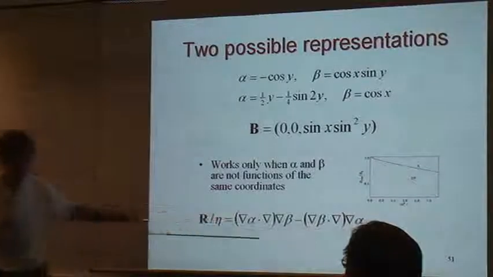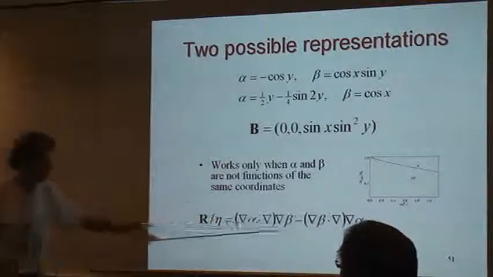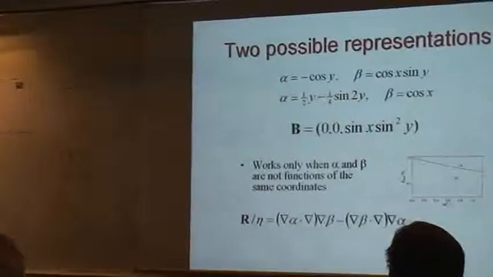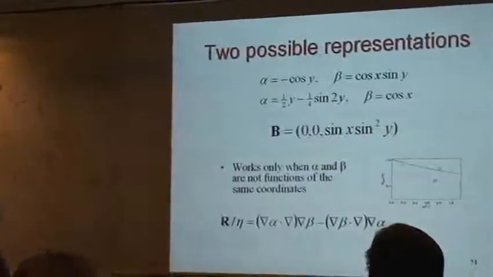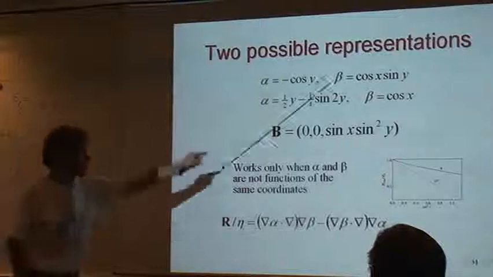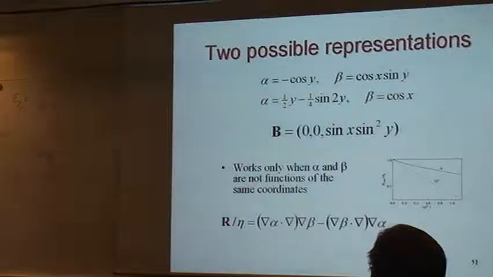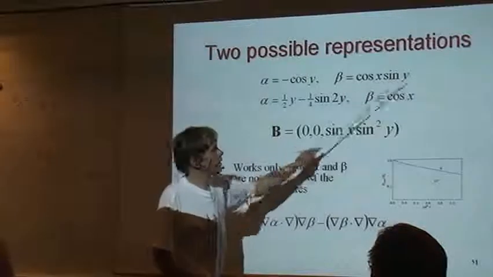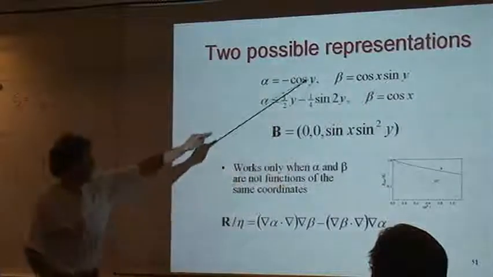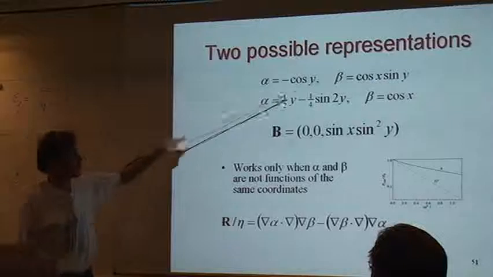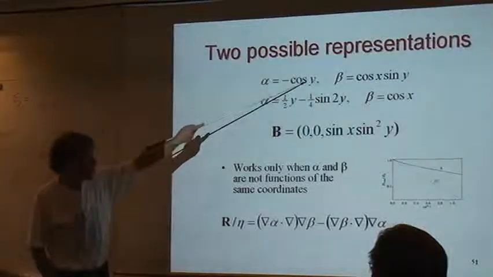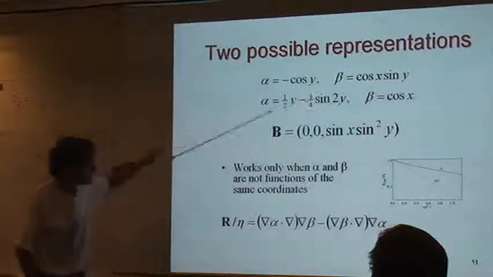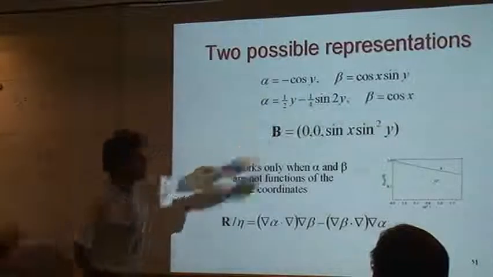If you do the analytic calculation, we find that this term must vanish in order for the calculation to be correct. This finite eta term would be finite if both alpha and beta depend on the same coordinate direction. One way to escape this is to move this additional sin y dependence also to the other side. So alpha becomes the integrated form of cosine y, which is this form here, and beta is just the rest of this.